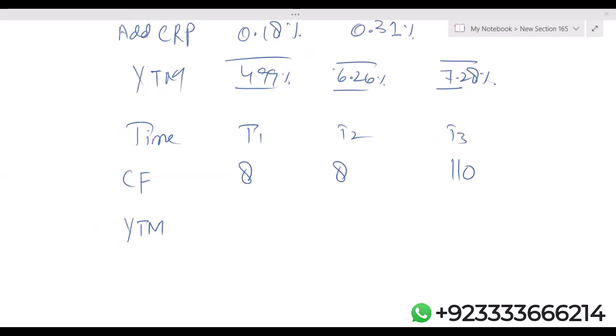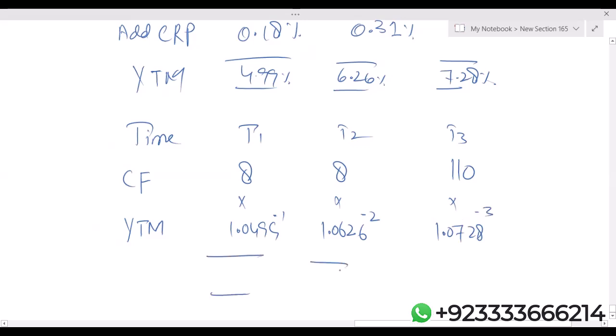So the first year discount is 1.0499 minus 1, 1.0626 minus 2, then 1.0728 minus 3.